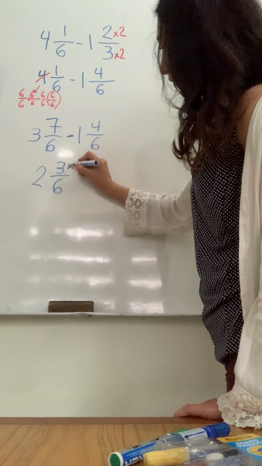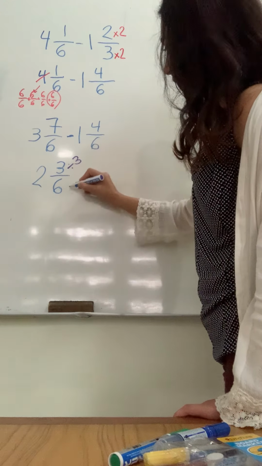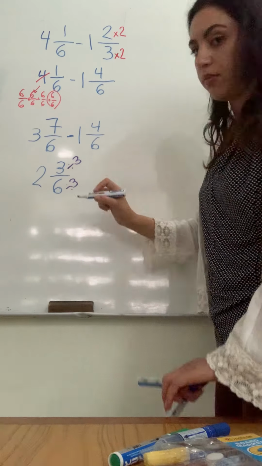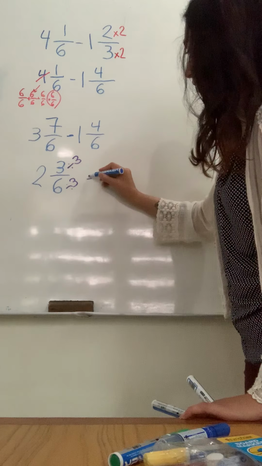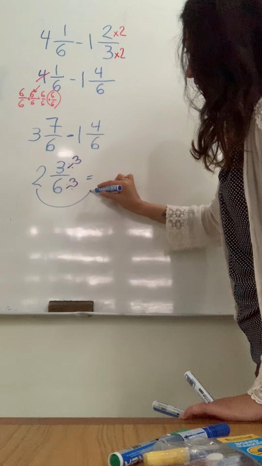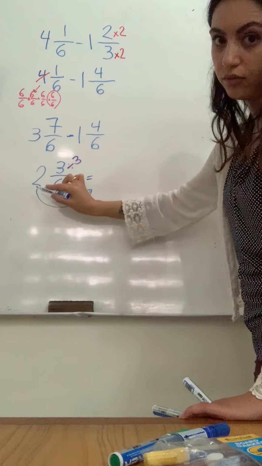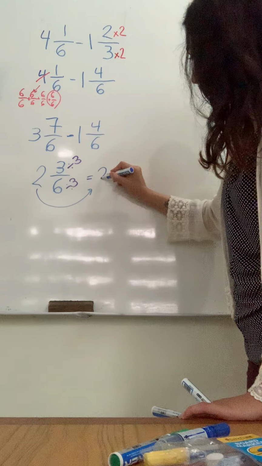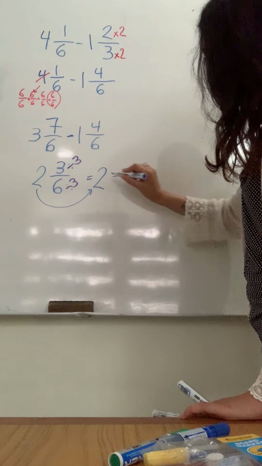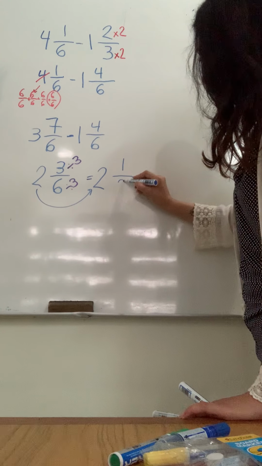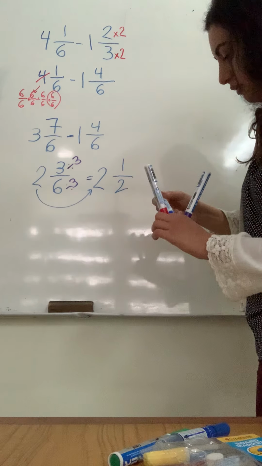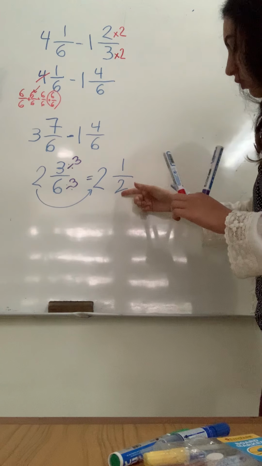Yes, we can divide this by 3. Then don't forget to write this 2 again. We have to write the 2. 3 divided by 3, 1. 6 divided by 3, 2. The final answer will be 2, 1/2.